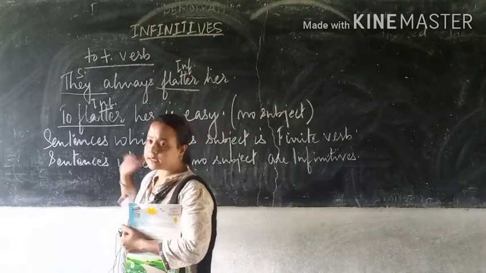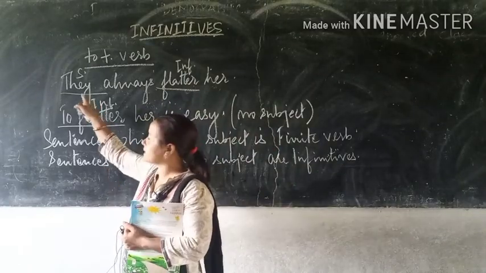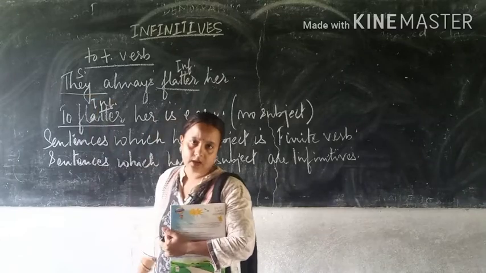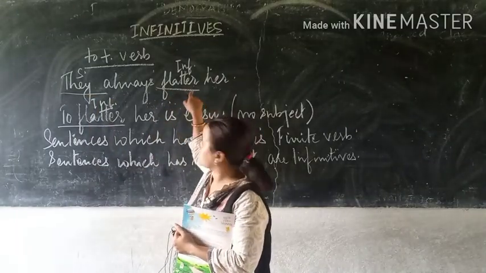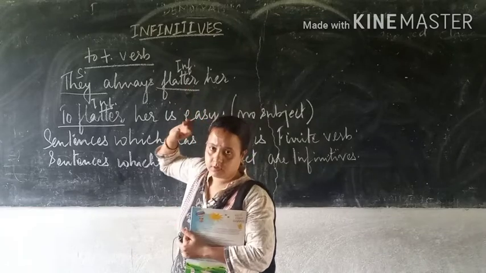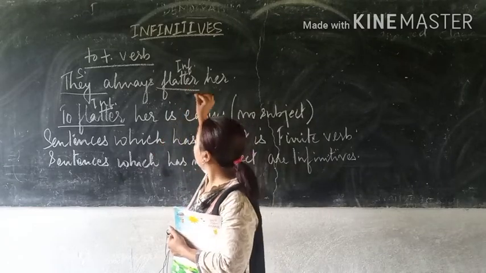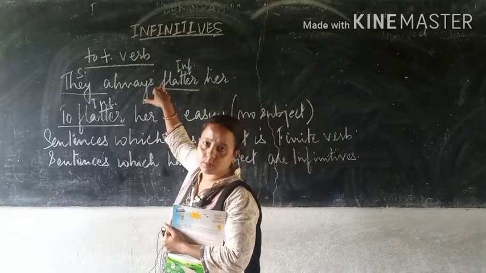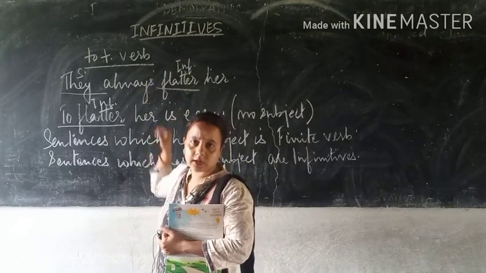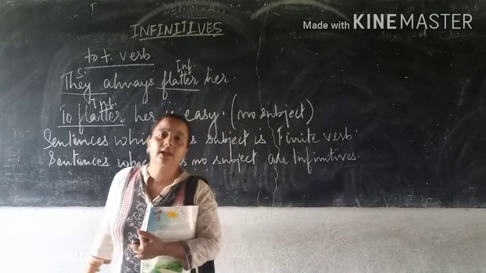In this sentence we see the subject, that is they, and the word flatter, this is the verb. Here we cannot tell this is an infinitive because it has no use of the word to. So this is not an infinitive. This is a finite verb.